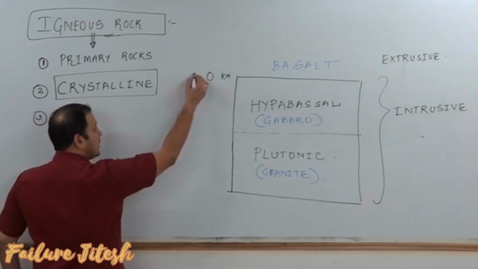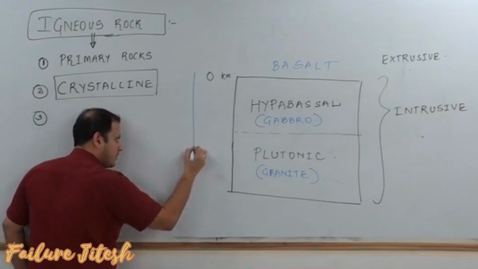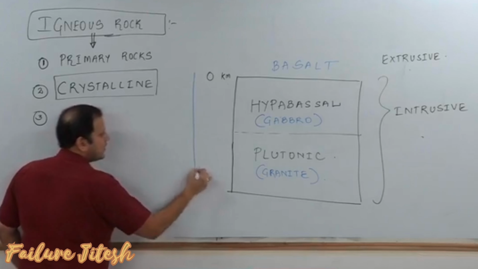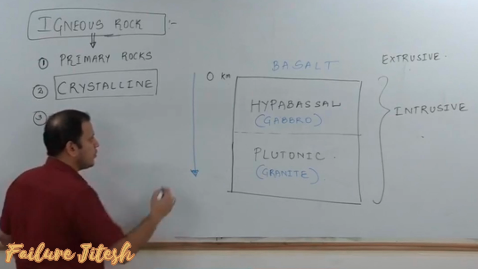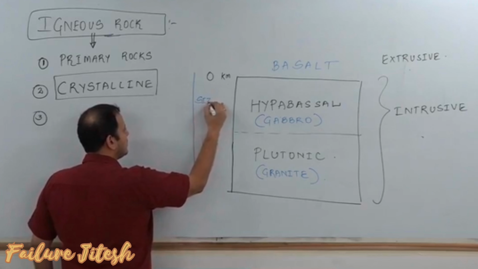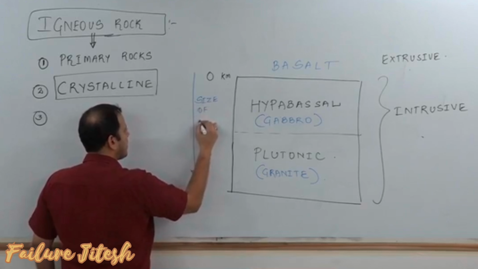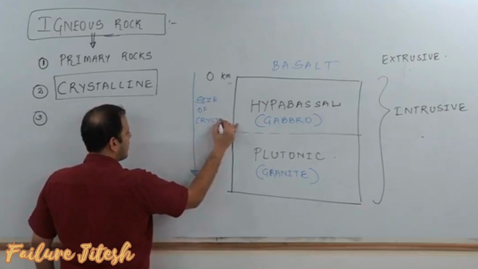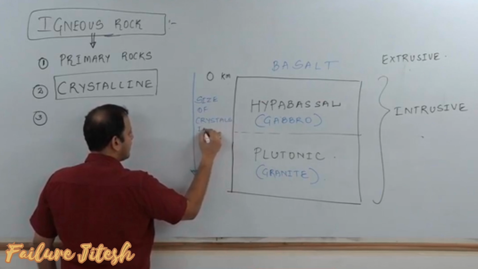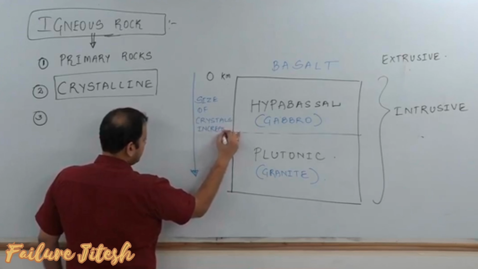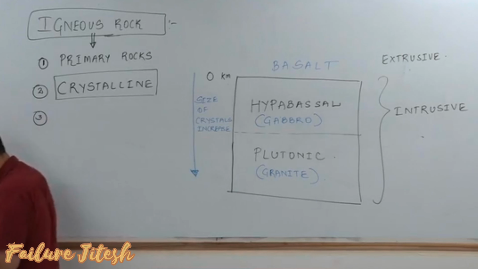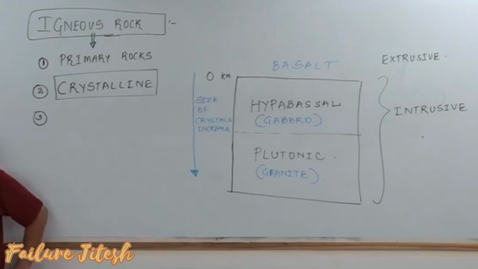And if they ask you in the ascending order, then basalt, gabbro and granite. That is, you should remember that as you go down, the size of the crystals increases.